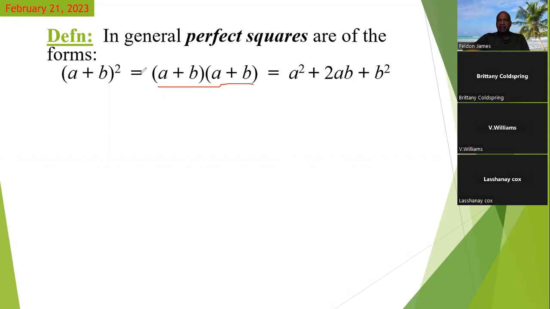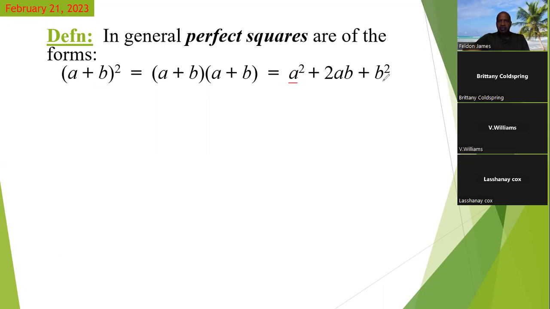But to simplify it, we generally say that you're multiplying the expression by itself. So we simply write it in this form, right? So oftentimes when you're looking for a perfect square, you want to see that you have a first term and a last term in brackets, all square, with either a plus or minus sign in between them. When you expand it, it's going to look like this.